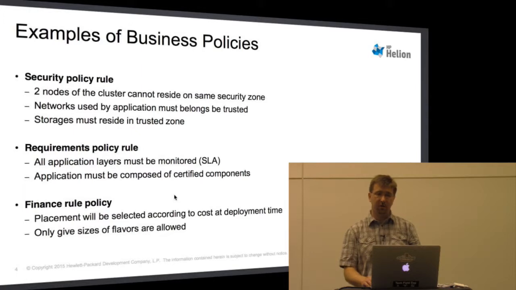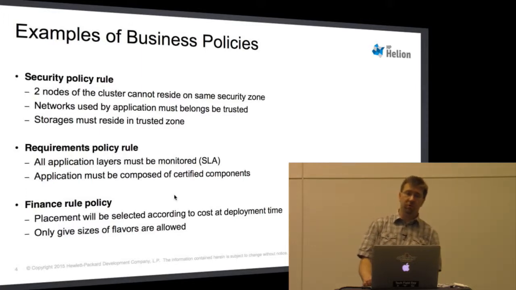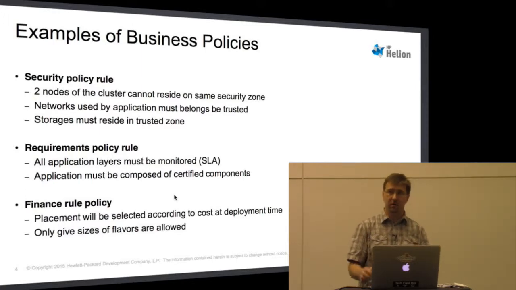Or you can say that your application has to be composed of certified components, I mean certified applications in Murano. Or you can control some financial aspects of your business by saying that a given set of users can use only a given flavor, or that deployment of the application should be done in the nearest zone to save your money.